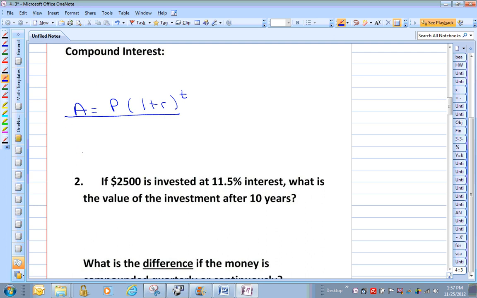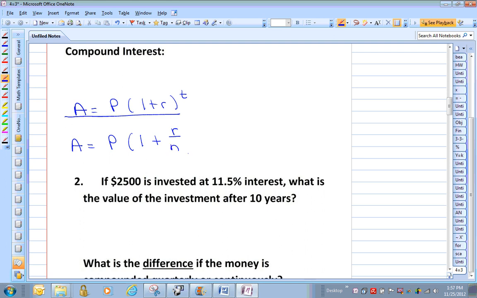What if our interest was compounded more than once a year? So like, what if the amount equals the principal, but it was compounded more than once a year? We still have the rate, but we want to compound that rate by the number of times that it happens a year. So every time that rate happens, and so if it's monthly it would be 12, if it's quarterly it'd be 4.